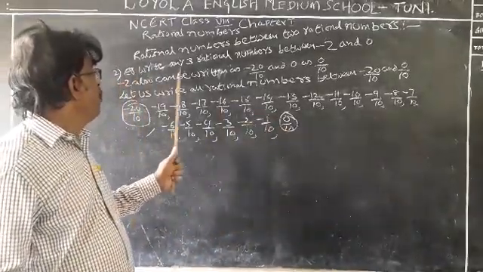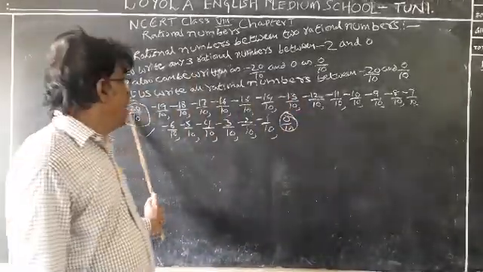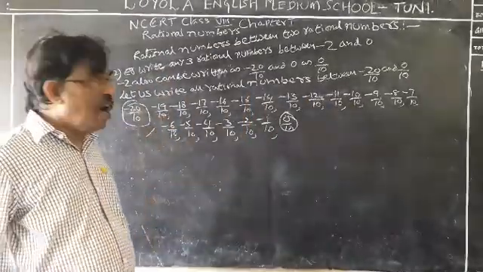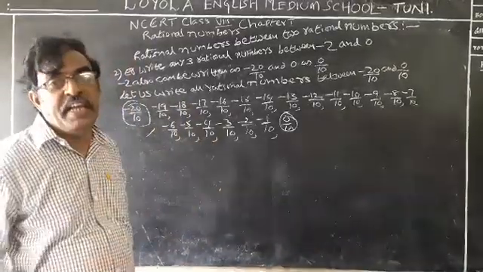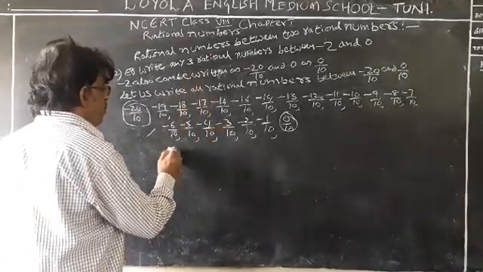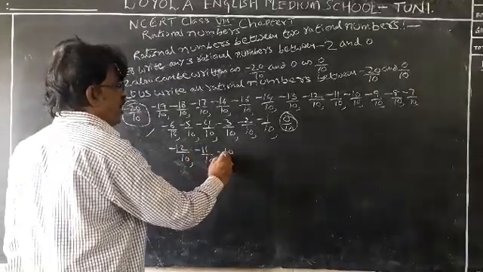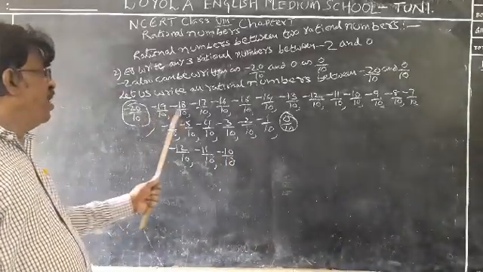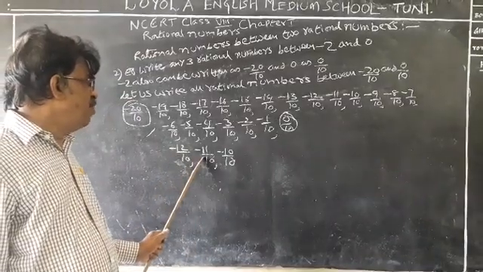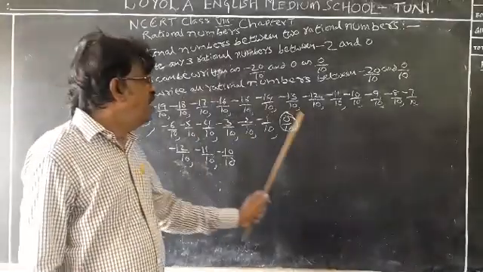But we were asked to find only 3 rational numbers. Between -20 by 10 and 0 by 10, we wrote all the rational numbers. Among them, if you take any 3, say -12 by 10, -11 by 10 and -10 by 10, these 3 lie between -20 by 10 and 0 by 10.